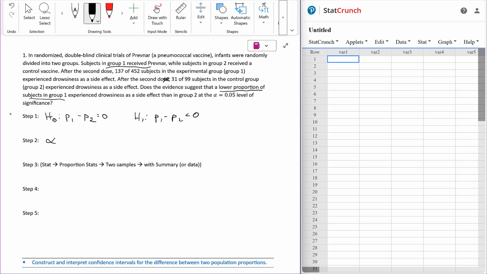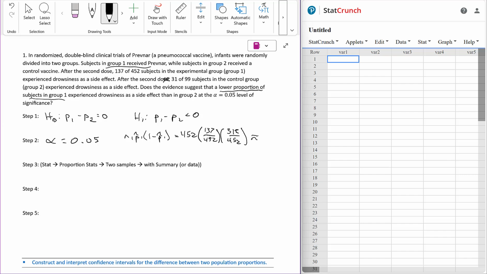Our alpha was given to us as 0.05. And here we can do those quick normality checks as well. So the n sub 1 times p hat sub 1 times 1 minus p hat sub 1. I can write this one out. We got our 452 was our sample size. 137 out of 452 for our p hat. And 1 minus that gives us 315 out of 452.